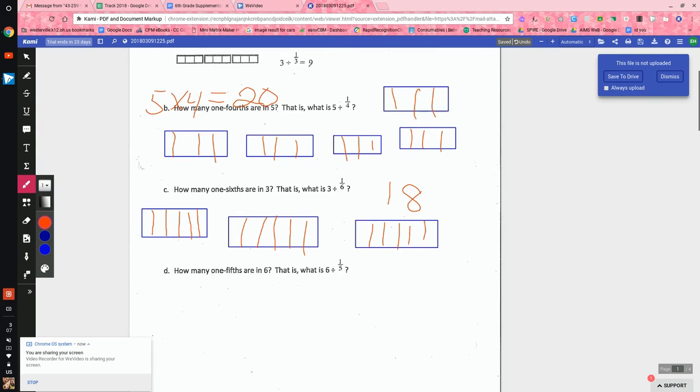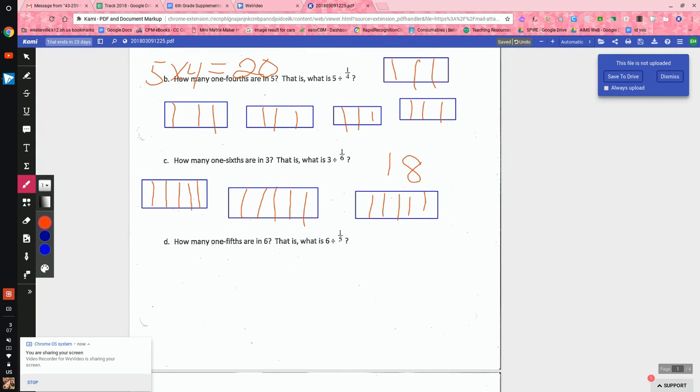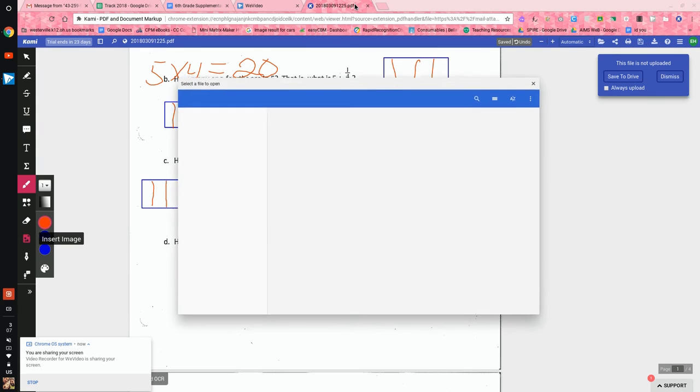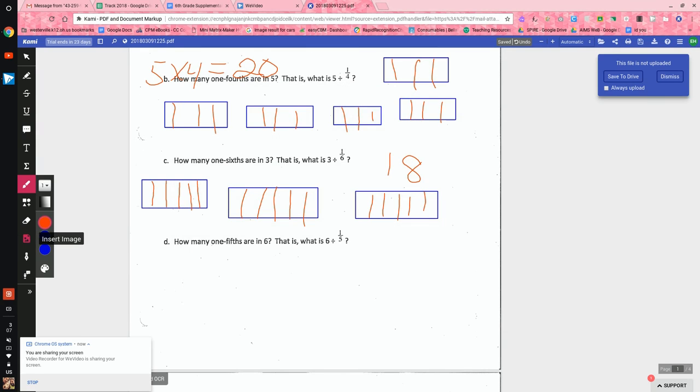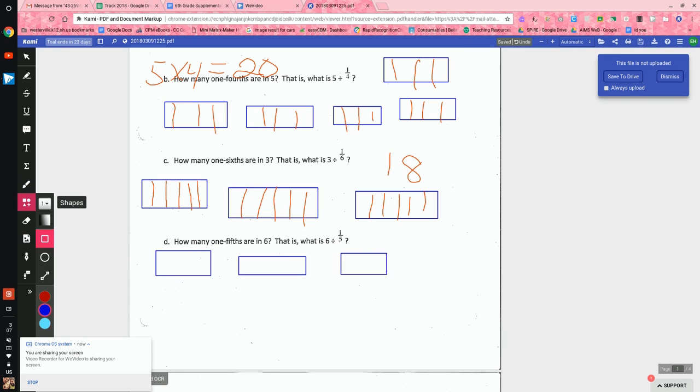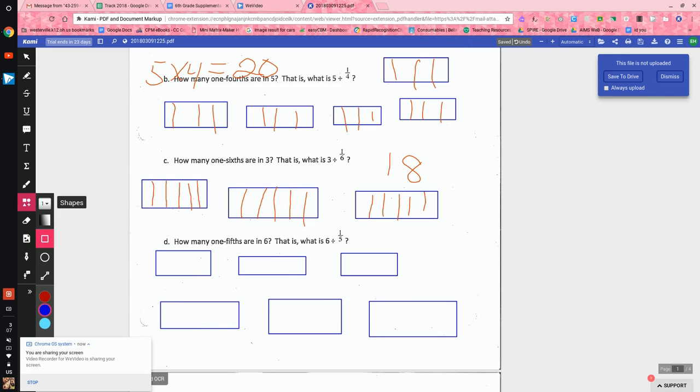And D, how many 1/5 are in 6? So keeping it going here. Break them into fifths. So if you're making them at home, you just got to put 4 lines to have 5 pieces.